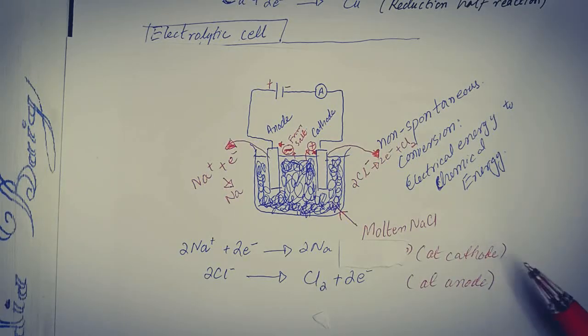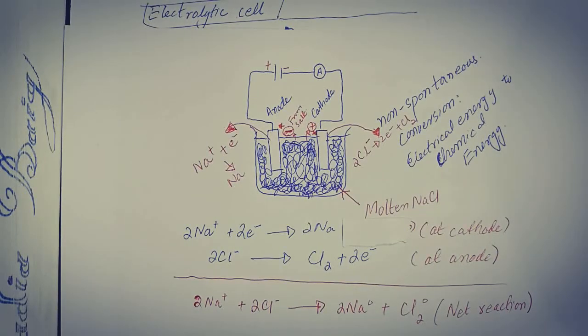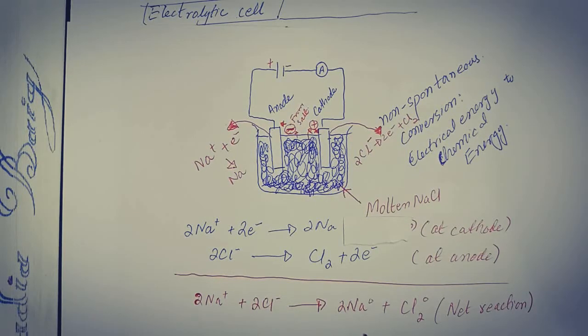The first one is the reduction of sodium ions at the surface of the cathode, whereas the second one is the oxidation of chloride ion to chlorine gas at the surface of the anode. So here we have the overall net reaction. So in this cell, the electrical energy has been converted to chemical energy.